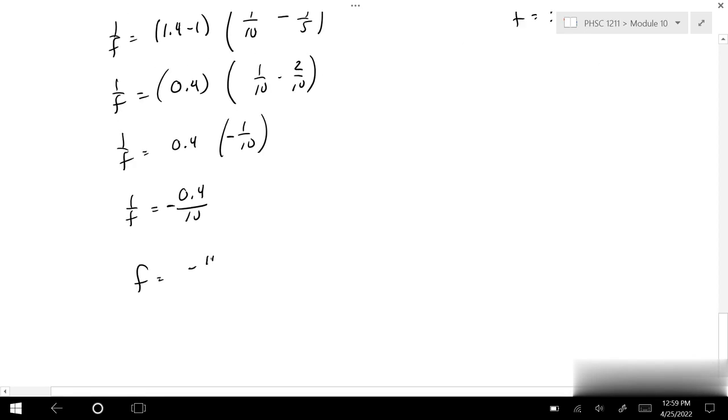Flip both sides. So f is equal to negative 10 over 0.4. So when you divide those numbers, I get focal point equal to negative 25 centimeters.